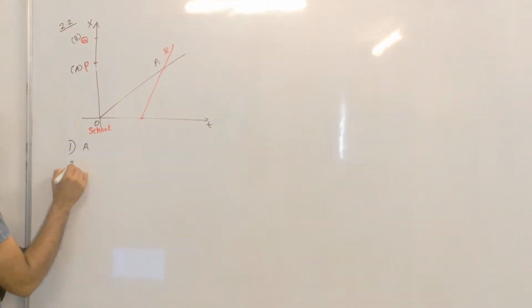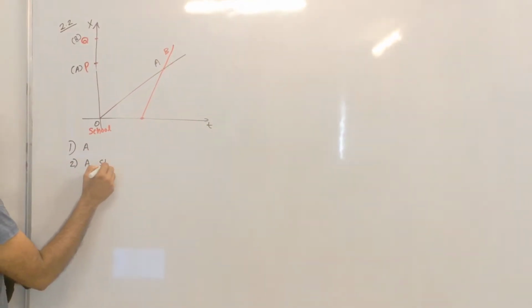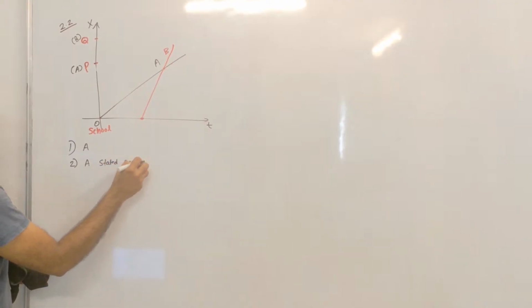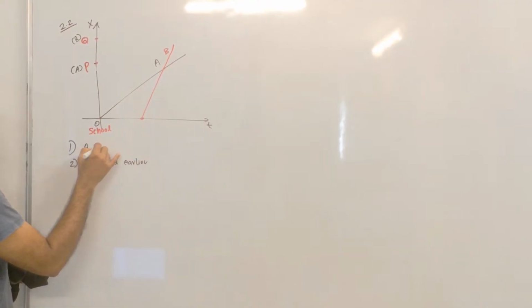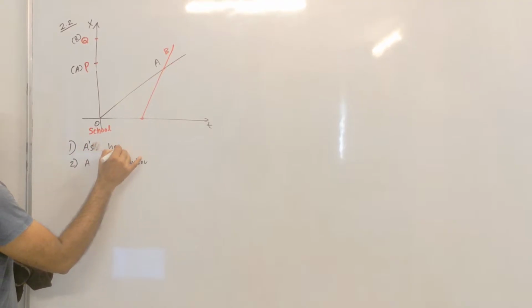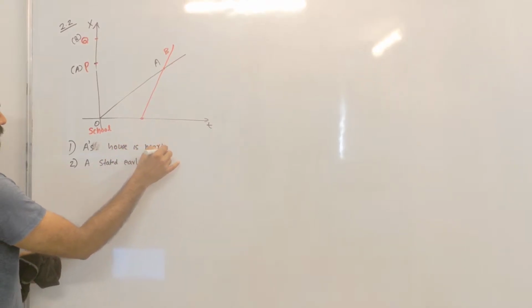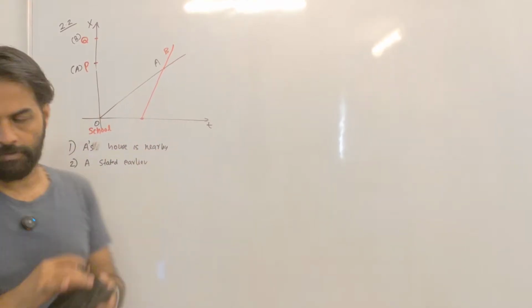So for the second question, A started earlier. Now the first question was what? A's house is nearby. A's house is nearby.